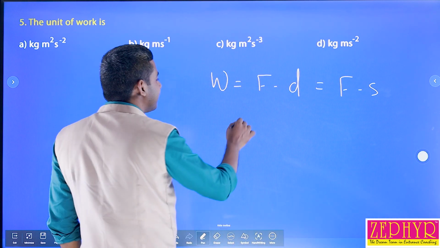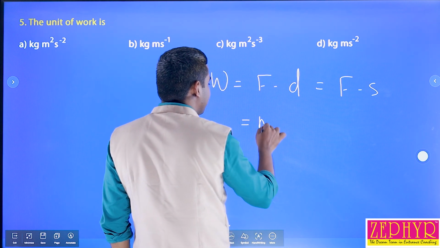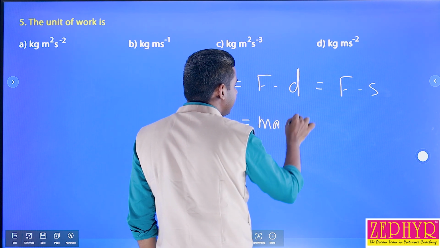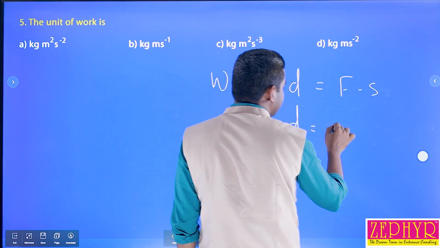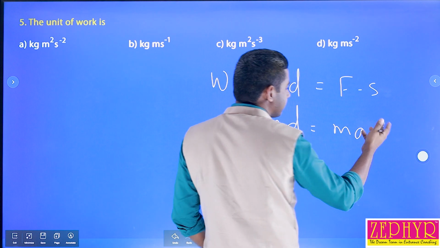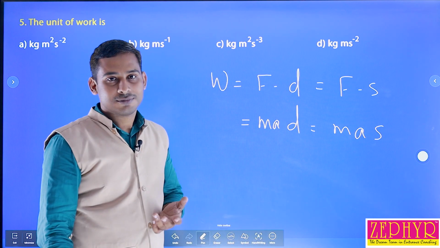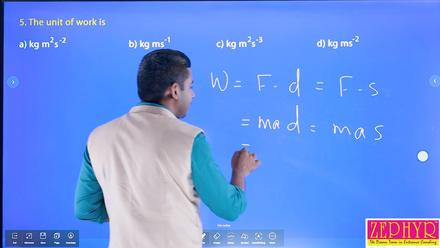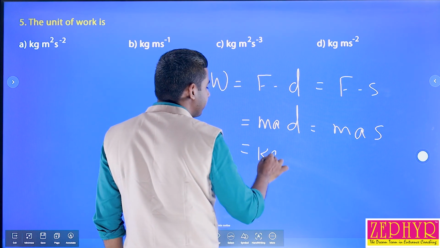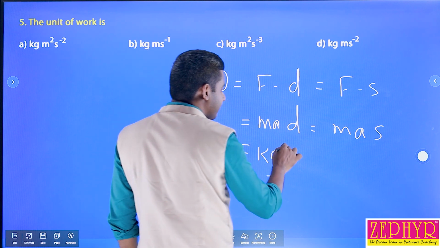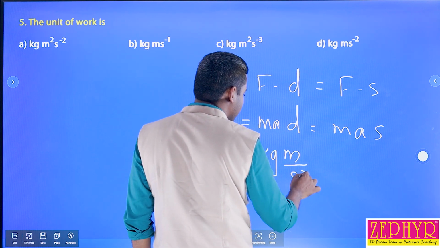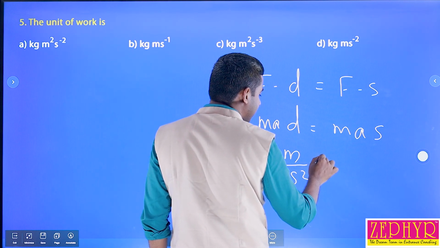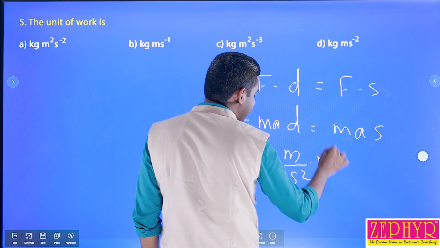Here we know F is from the second law, it is ma, then D, or we can say ma S, like this also. Am I correct? Yes. So, the unit of mass is kilogram, the unit of acceleration is meter per second square, then the unit of displacement or distance is nothing but meter.